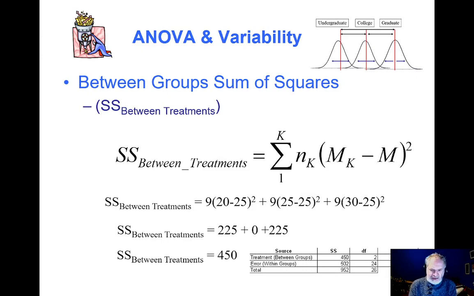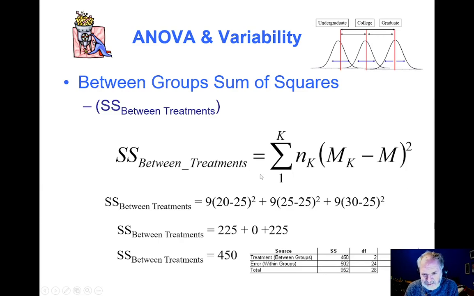Okay, so now this gets a little tricky. I have what's referred to as my between groups sum of squares. So my SS between treatments. I'm going to be switching between treatments and between groups. They're synonymous, and you'll see both.